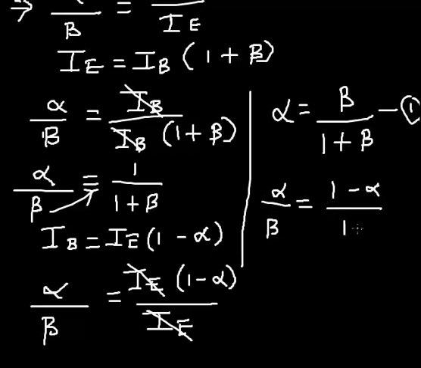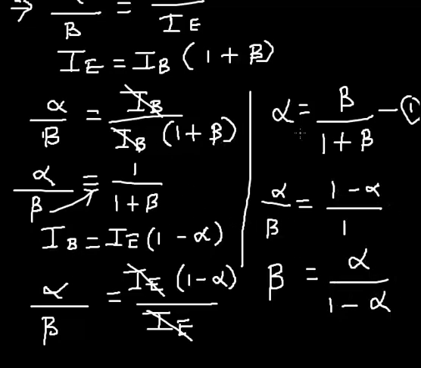If I cross multiply again, beta is going to be equal to alpha divided by 1 minus alpha. So these are the relationships we are looking at.